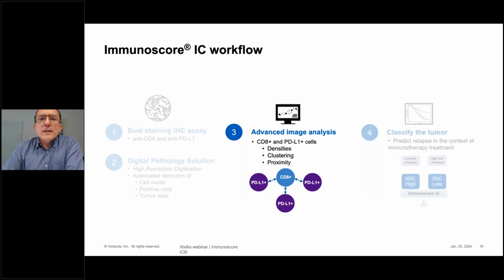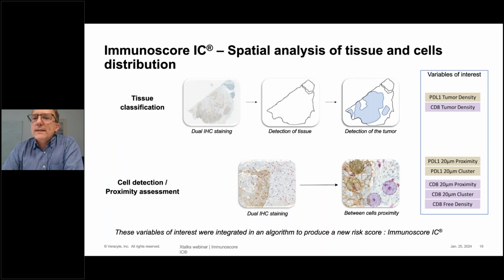So concerning the image analysis, there are different things that can be done. The first one will be to detect where the tissue is present on the image, and within this region of interest, identify the tumor area where eventually we will be looking for the cells of interest. The cell detection, we have quickly touched it. The critical aspect of the cell detection will be the accuracy of this detection, so that we do not get any false results.